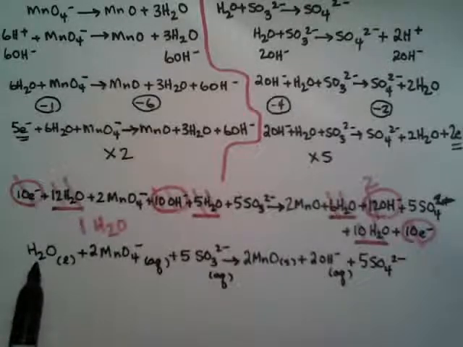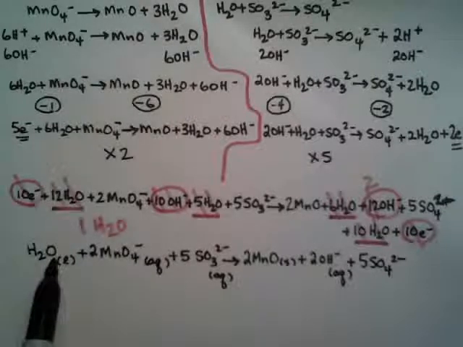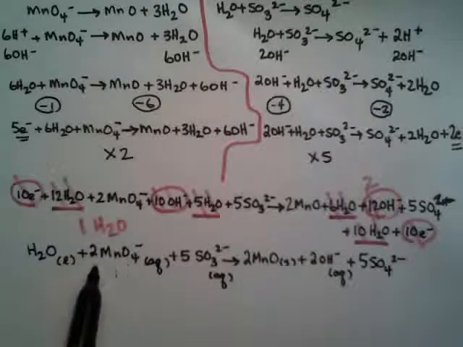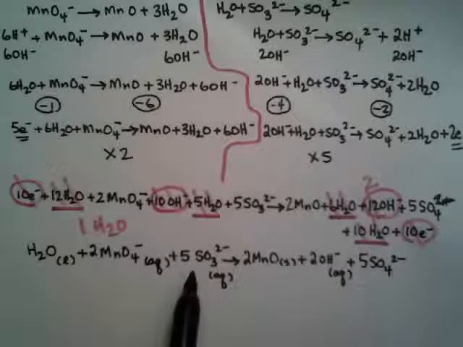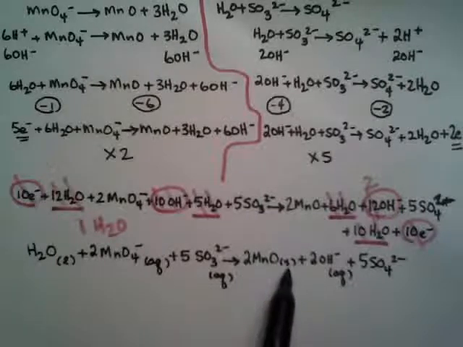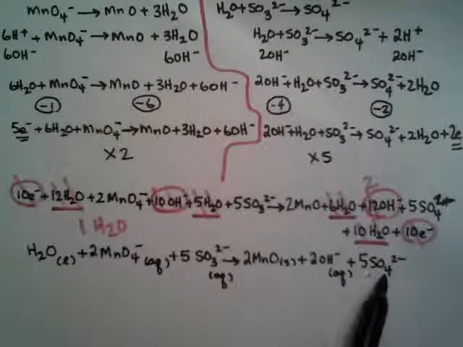Okay. Let's make sure everything is balanced. Water: I have 2 hydrogens, 2 hydrogens. 1 oxygen, and then 2 4s are 8, 8 and 1 is 9. 3 5s are 15, and 9, 24. I have 2 oxygens here, 2 here, that's 4.